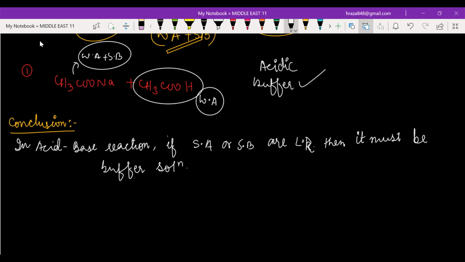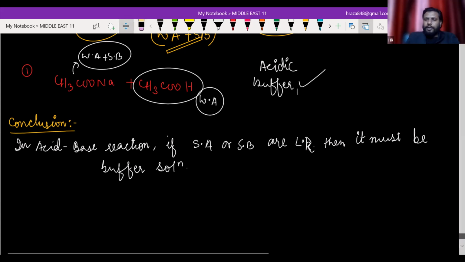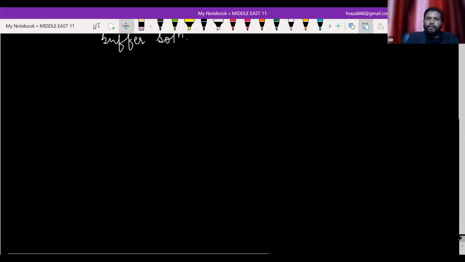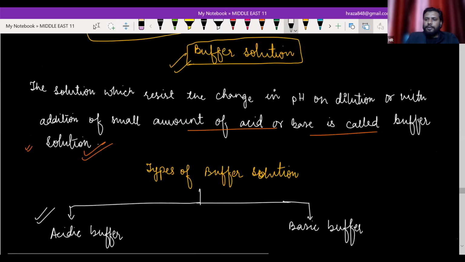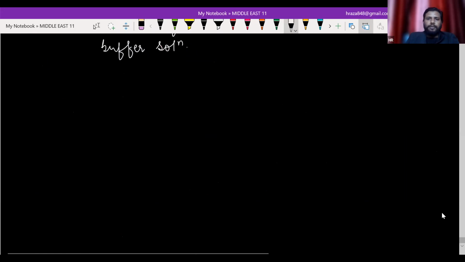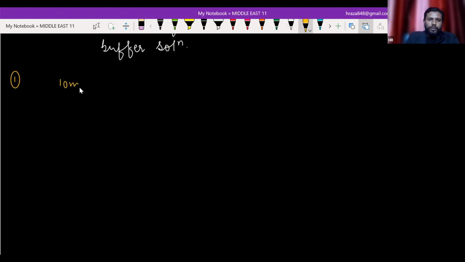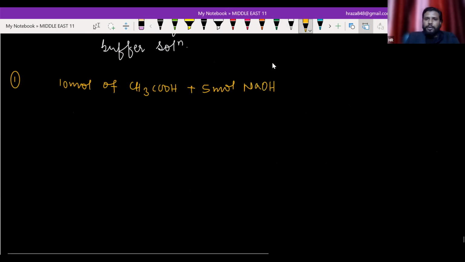Now, how do we do the question if there are questions in the form of reactions? If I give you 10 mole of CH3COOH, I'm going to explain the first one, then you have to do it on your own. 10 mole of CH3COOH plus 5 mole of NaOH.